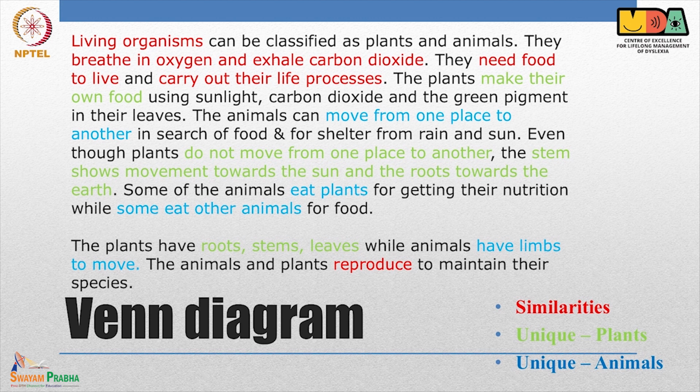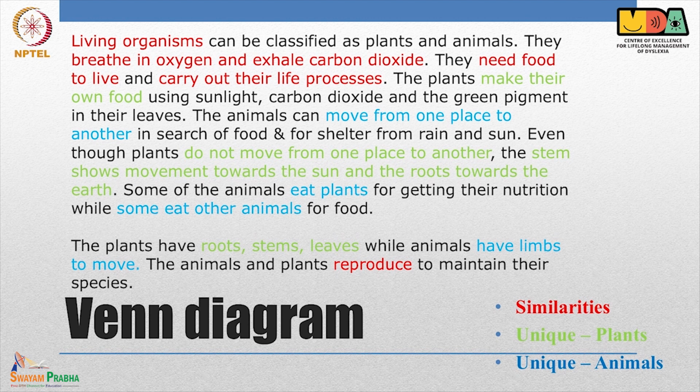Now, the animals can move from one place to another in search of food, even though plants do not move from one place to another. Again, this is an inference. That means both of them show movement, but the difference is in the way they show movement. So, I would put shows movement in the center. Here, for plants, I would say they do not move from place to place, and here, for animals, they move from place to place.